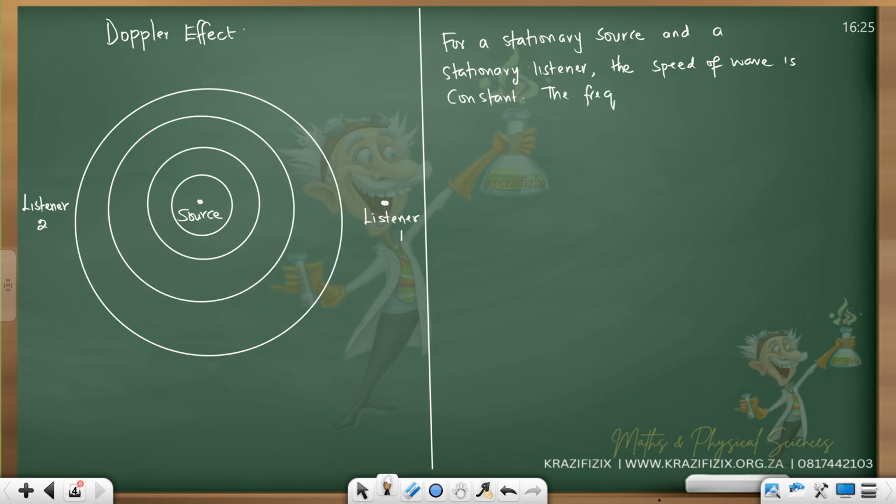The frequency released from the source is the same as observed by the listener.